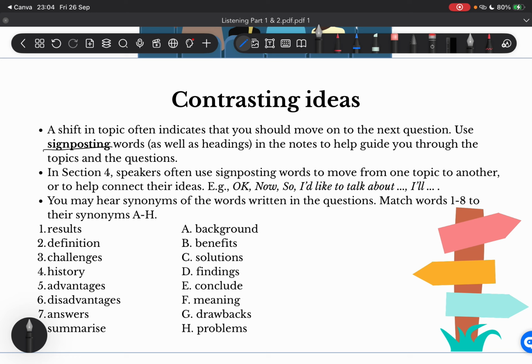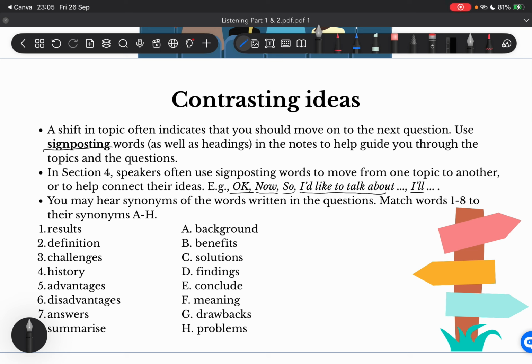So, for example, if the speaker says, "Okay, now let's start talking about this thing. Now let me tell you about this thing. So I want to talk about that. I'd like to talk about this. I will tell you this," and so on. They are directing us. They are shifting our focus from what is being said to what is going to be said.